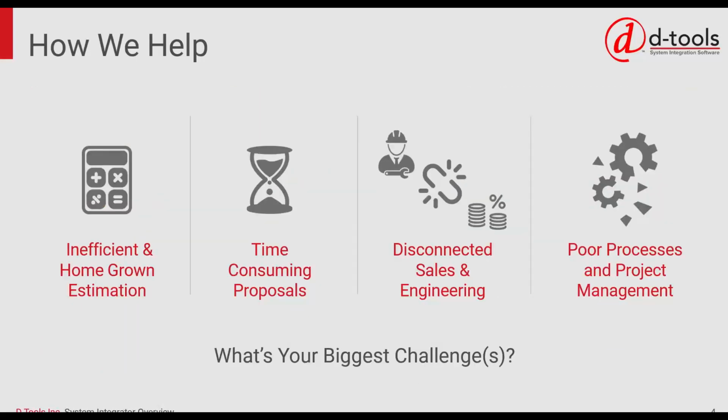There's a lot of things that we're doing to help integrators with their process. I would say these are the four most common issues or challenges that we're seeing. There's certainly a lot more. But usually, it comes down to proposals and estimating taking quite a bit of time, especially nowadays. It seems like it's impossible to get the right price on something with all the prices changing. So we'll tell you how we can help solve some of those problems.